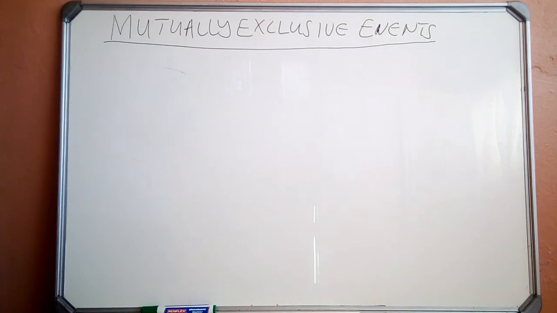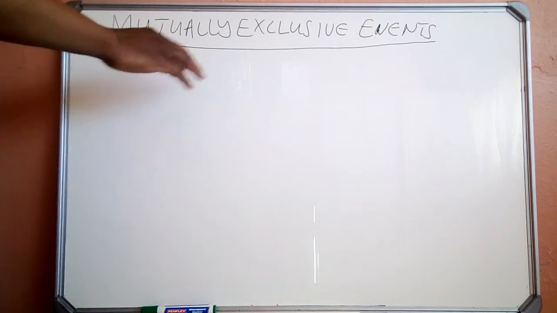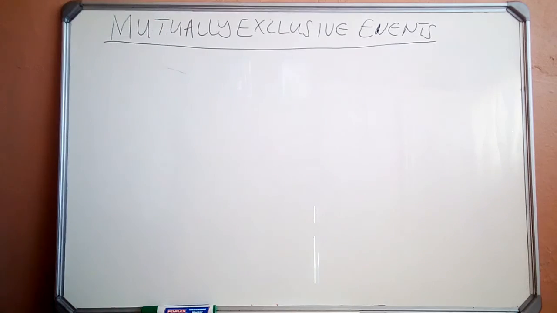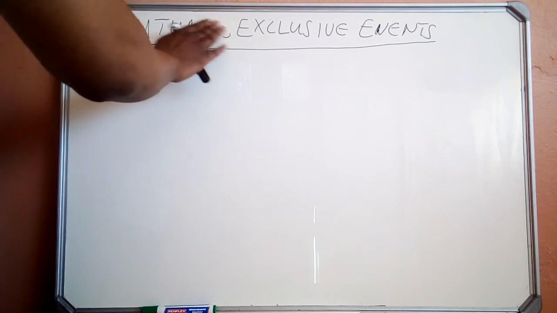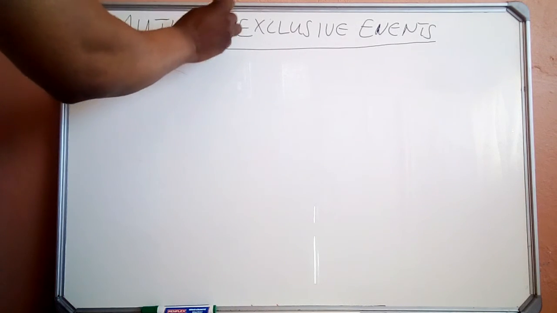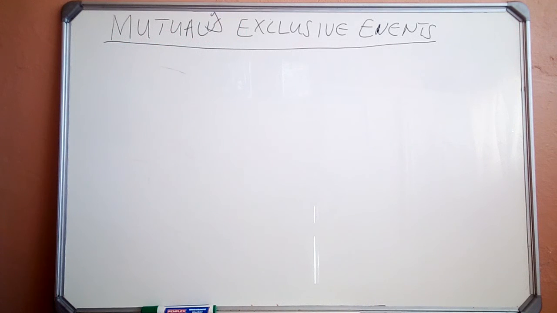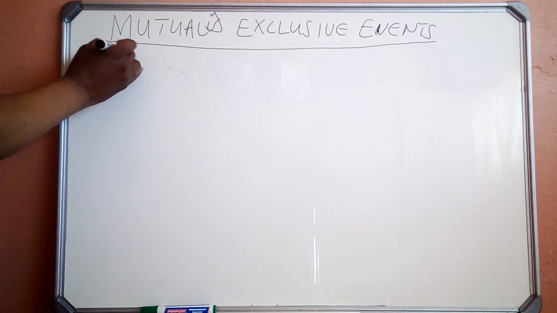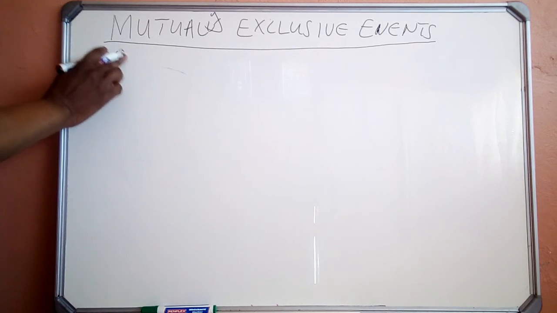Today we're continuing with our probability and we're looking at mutually exclusive events. Now, when events are mutually exclusive, it means that the events cannot happen at the same time.